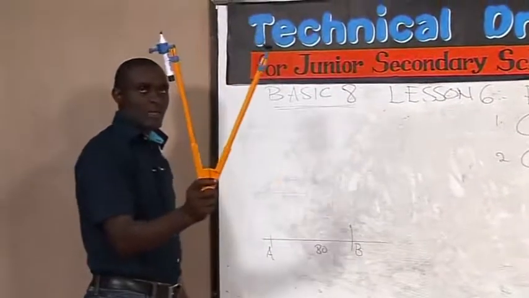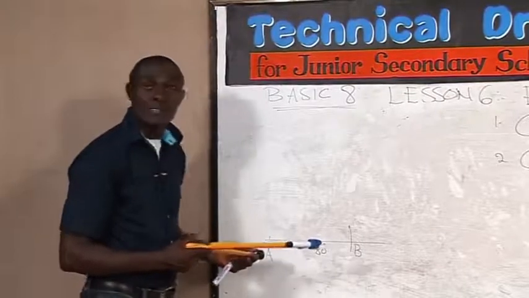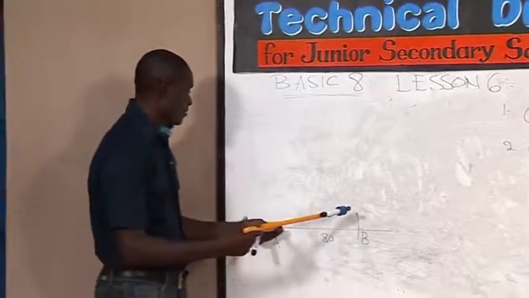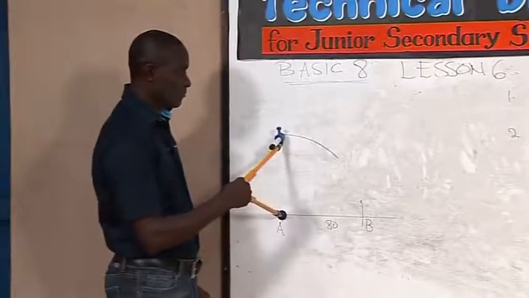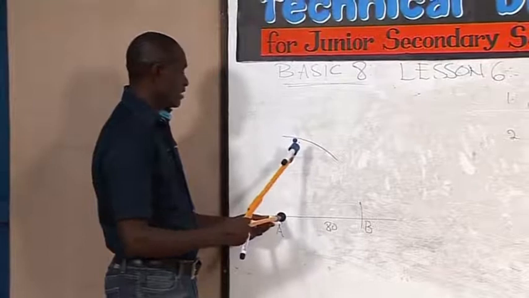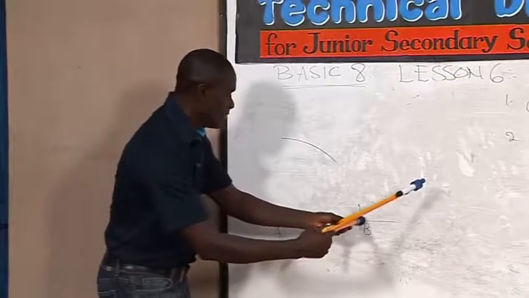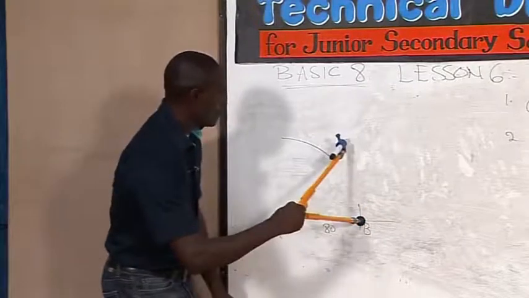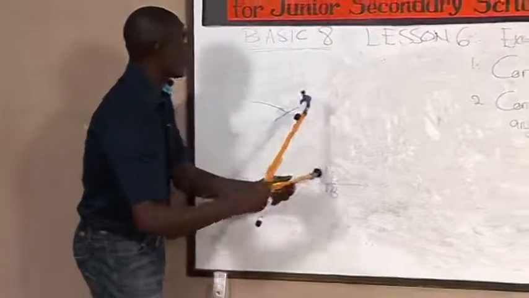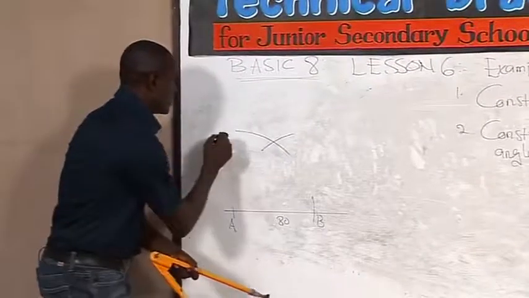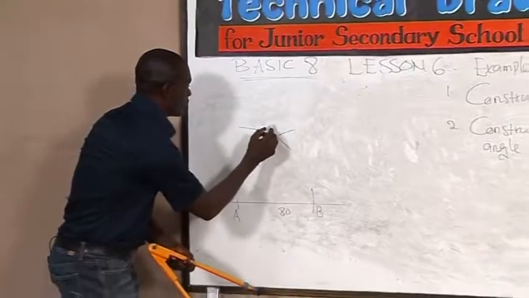Since this is 80 mm already, go back to A and B as centers. Take your A, cut an arc up like this. You see that? Take B as center, not B here, please. B the intersection. Cut the previous arc. At C, what I mean is this. The point where this first arc and the other one met, here, call it what?